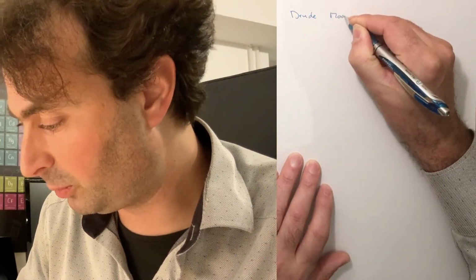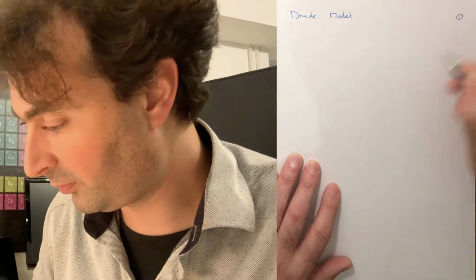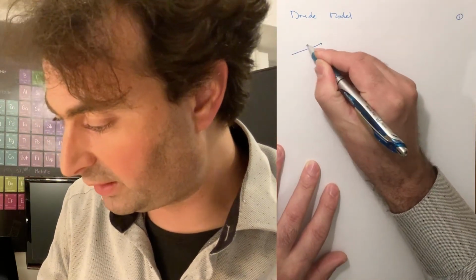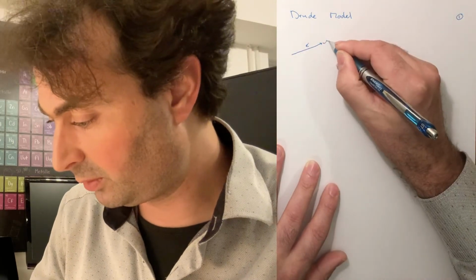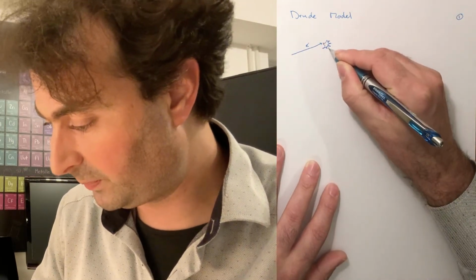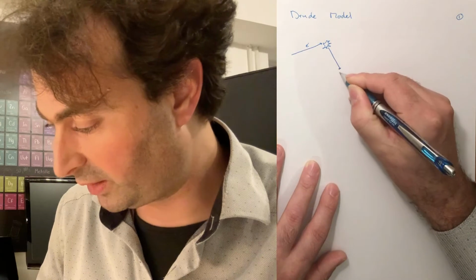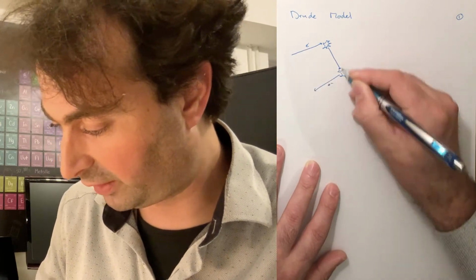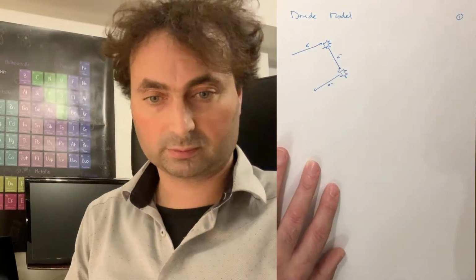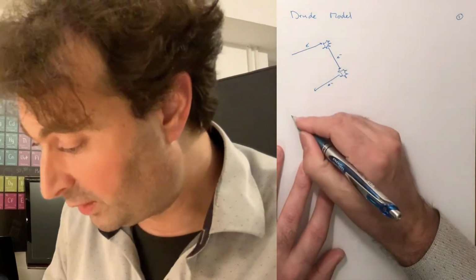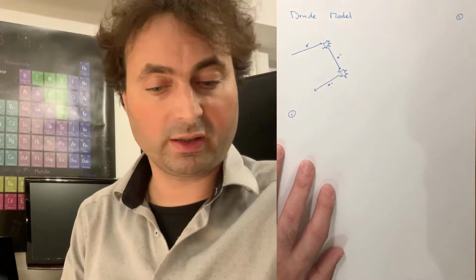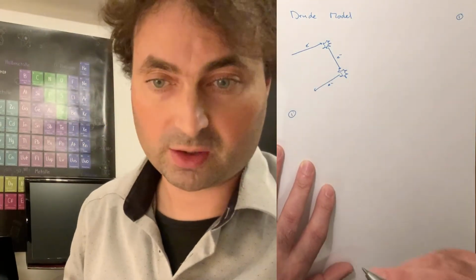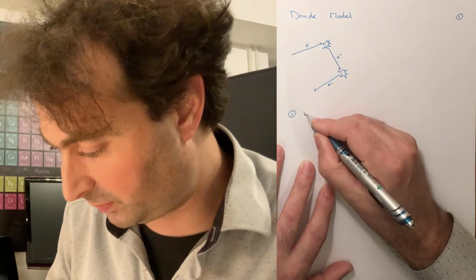So we have the Drude model, and in the Drude model the electrons move on straight lines until they collide, and they move in a different direction, and then they collide again and move in a different direction. Now, the assumptions or the ingredients that we have in our model is that between collisions electrons travel as free particles.